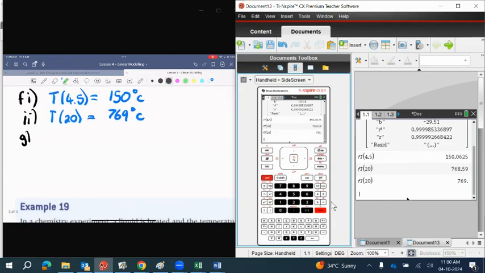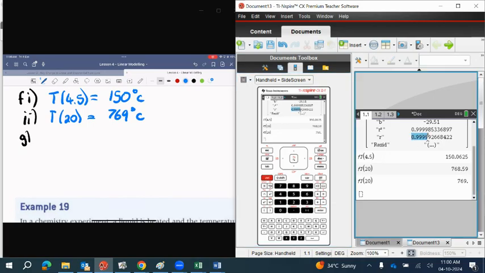So we can say here, also looking on the calculator, we have the R value of 0.999, which basically is an R value of 1. So R is approximately equal to 1, and T equal to 4.5 lies in the domain.